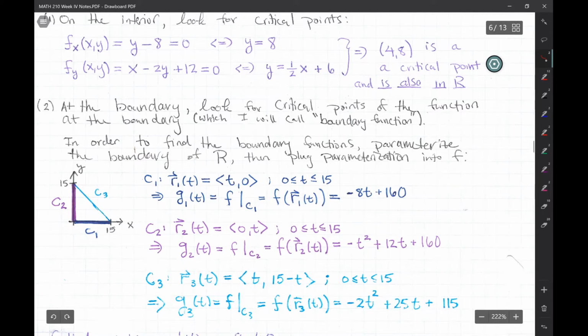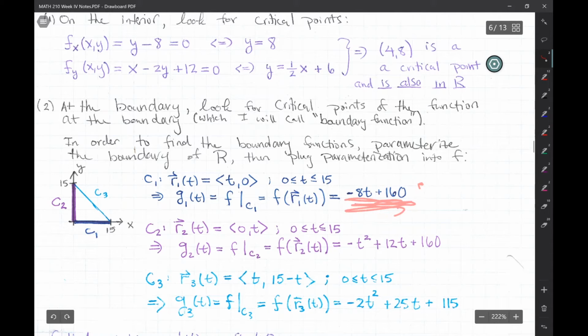Let's begin with C1. What's a parameterization of that? It's basically this vector function that maps onto that line. If we just use this very simple one and note that t is between 0 and 15, we're going to take that parameterization of that curve and plug it into the function. That's the meaning of this. We plug it into the function and we get minus 8t plus 160. What are you seeing there?